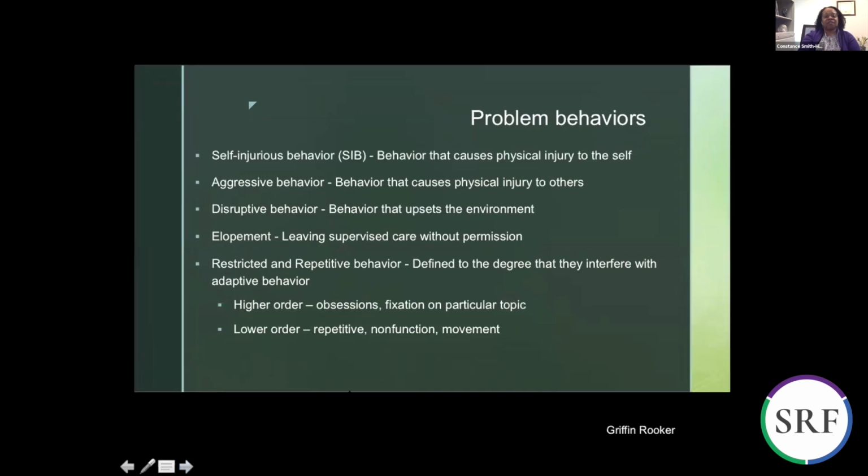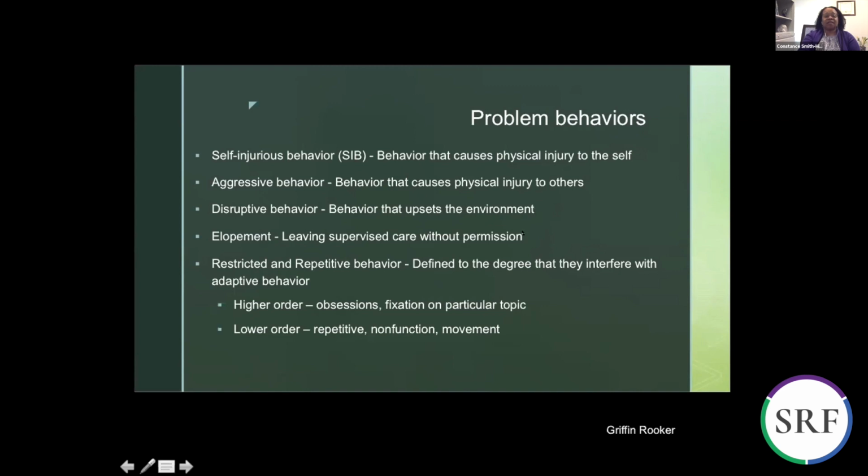Now, to further define these behaviors, we have the self-injurious behaviors that are defined based on injury to self, as compared to aggressive behaviors that are defined as injury to others, and disruptive behaviors, breakage of objects in the environment.